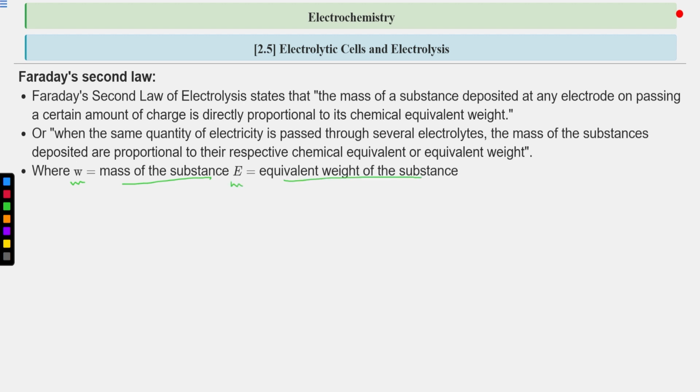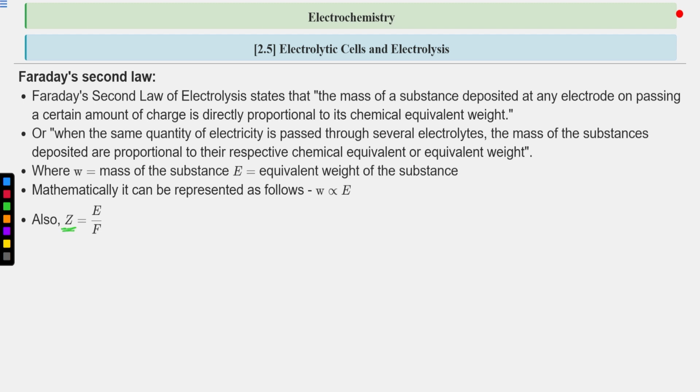Here we are using W as the representation of the mass of the substance, and to depict the equivalent weight of the substance we use capital E. Mathematically it can be represented as follows: the mass of a substance is directly proportional to the equivalent weight of the substance, as per the definition given by Faraday's second law, that the mass of a substance deposited at any electrode on passing a certain amount of charge is directly proportional to its chemical equivalent weight, which we are representing here by capital E.